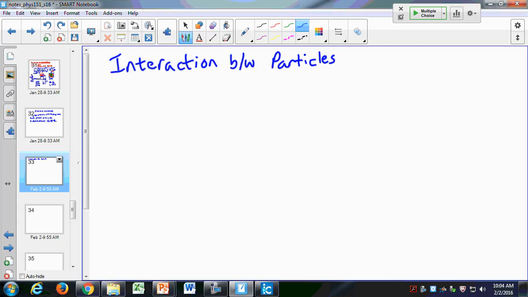You can also have pressure due to an outside force, like in the hydraulic machine. And the third is interaction between particles. In this room right now there are all sorts of gas particles zooming around at pretty high speeds, and the way those particles interact causes a pressure inside the room.